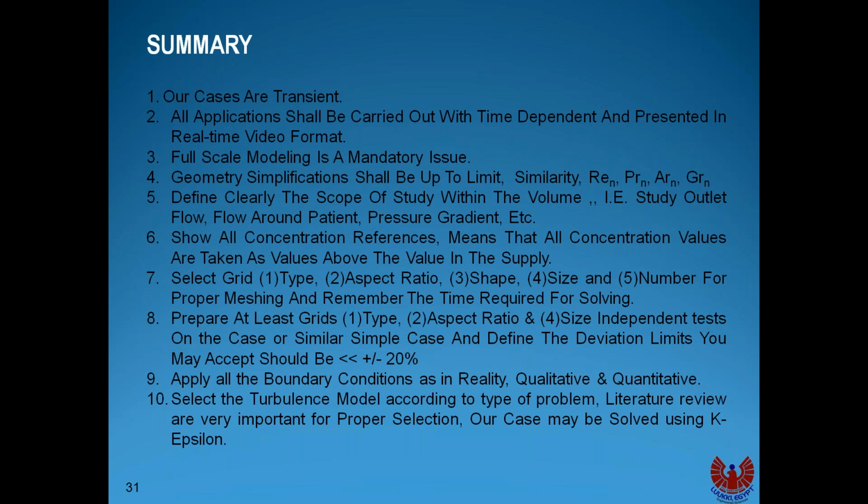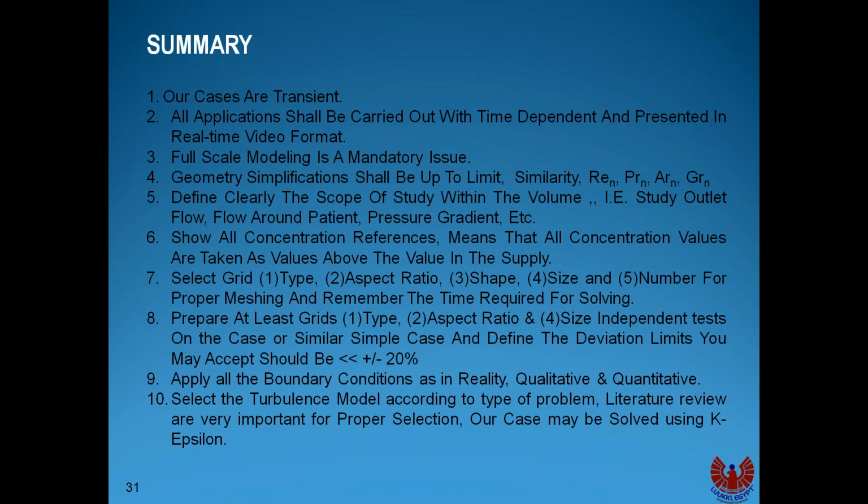You also have to mention in this report all concentration references, meaning that all concentrations are taken as values above the value in the supply air, because you will bring fresh air with a certain amount of CO2 or helium, whatever, or a certain amount of non-toxic gases that will not have a bad impact on the patient, and then you compare it with the final before exhaust.